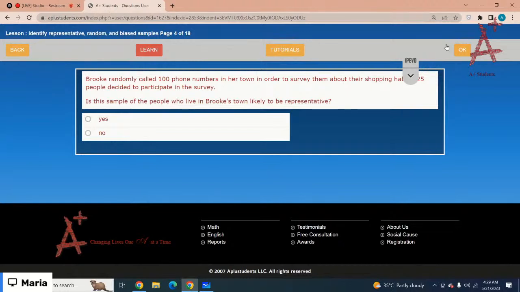No, this isn't representative data. That would be the biased data, because out of the 100, just 25 people decided to participate in the survey. You don't know about the 75 people. Maybe they are not the same as the ones who participated. So the correct option is no. This is the biased data.